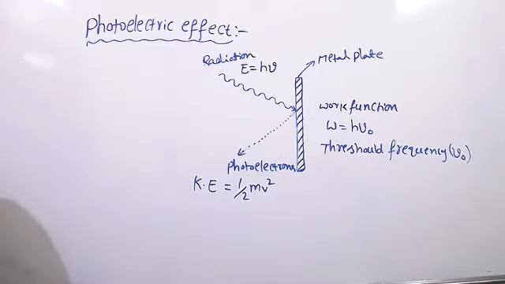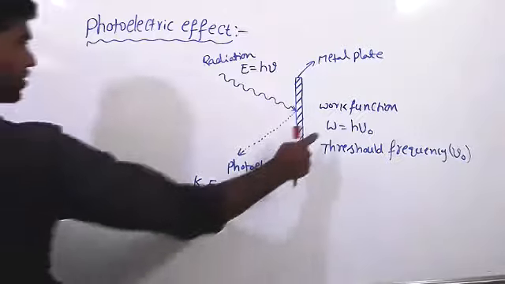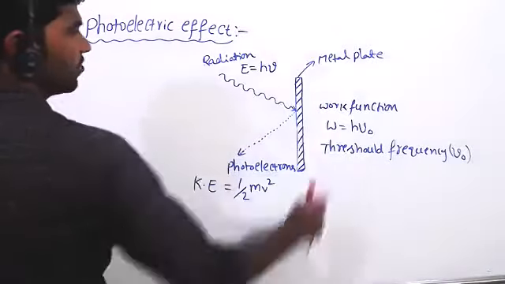Should we write that formula on the side itself? Yes. Should we give work function as a heading? Yes, work function. Here I initially gave E is equal to h nu 0; you can write work function W also.